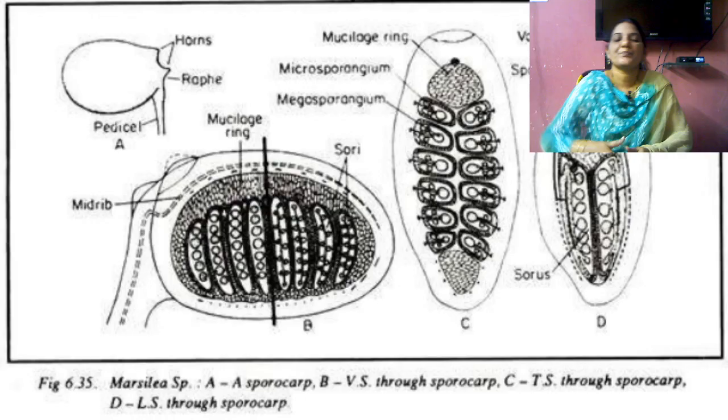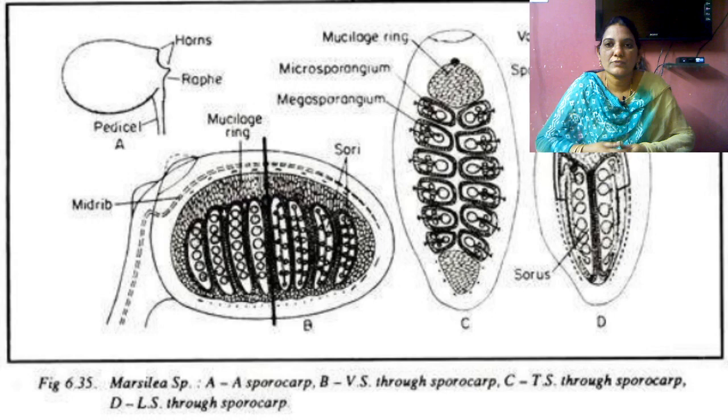The outer layer is called epidermis, and the outer part and inner part are called mucilage rings. Then 20 sori are attached to the mucilage rings. The 20 sori are arranged in 2 rows, each row having 10 sori attached to the mucilage rings.